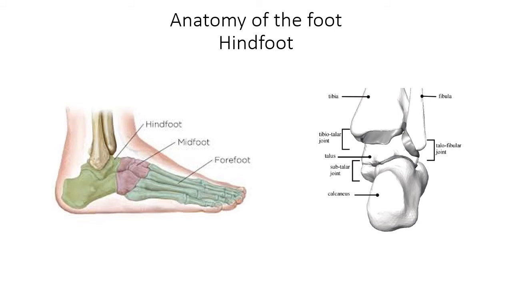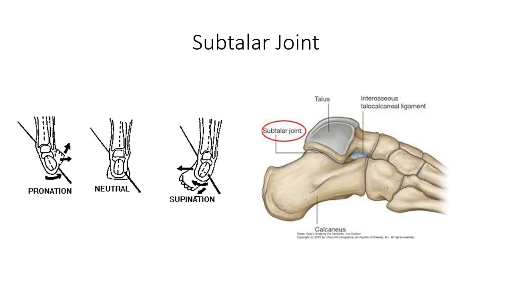The joint between the talus, calcaneus and navicular, cuboid is called the Chopart joint. The movement at the subtalar joint is pronation and supination, and the subtalar joint is stabilized by the interosseous talocalcaneal ligament.